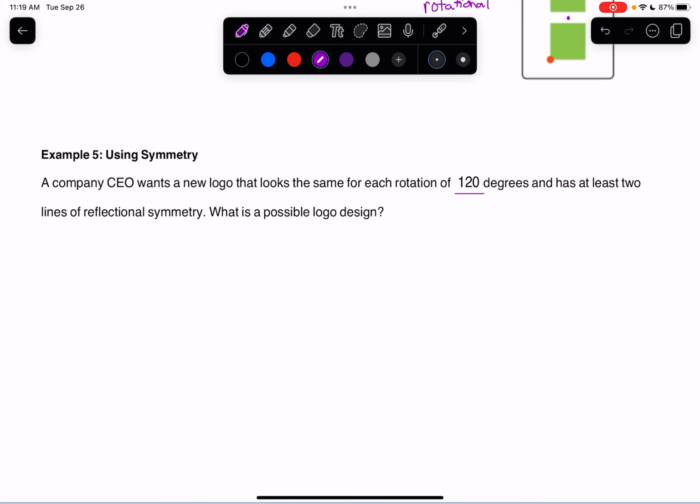So when I'm thinking of this, if it has 120 degree rotational symmetry, that means that 1/3 of a turn is going to make it look the same as it did before, which means that I could use an equilateral triangle, because I know an equilateral triangle would have that same property where 1/3 of a turn would make it look the same as it did before. And that triangle also has at least 2 lines, by having 3, of reflectional symmetry.